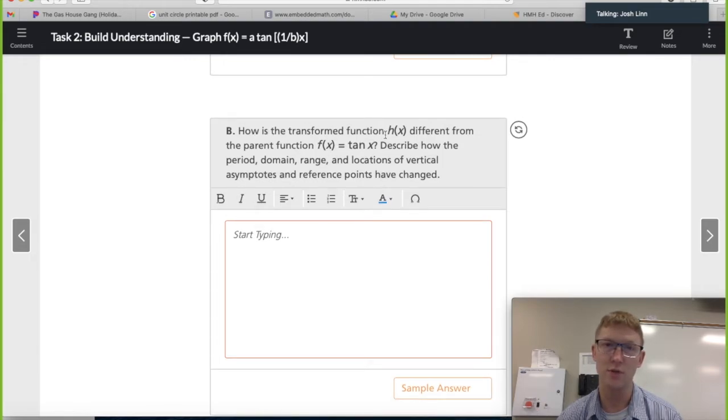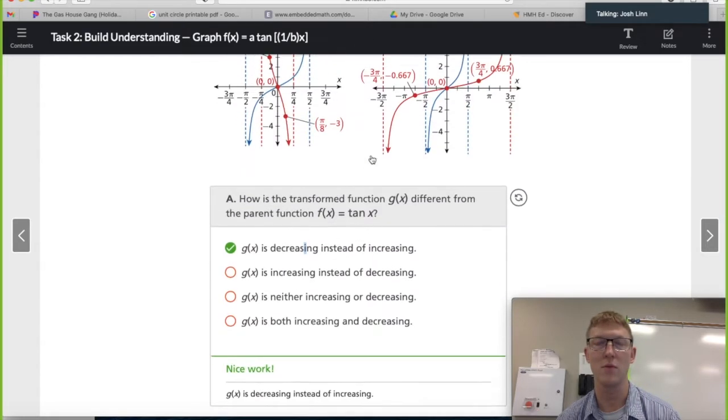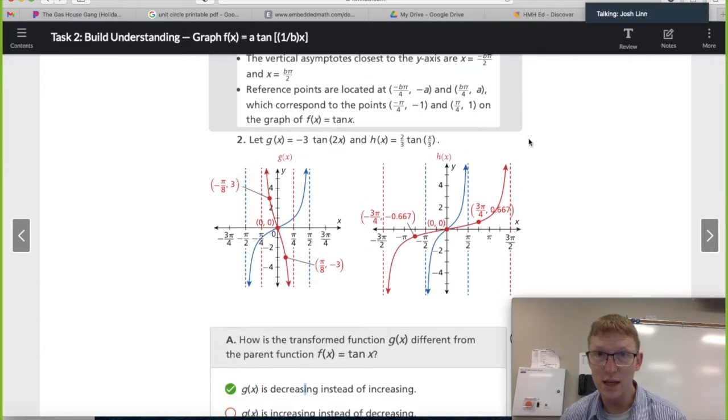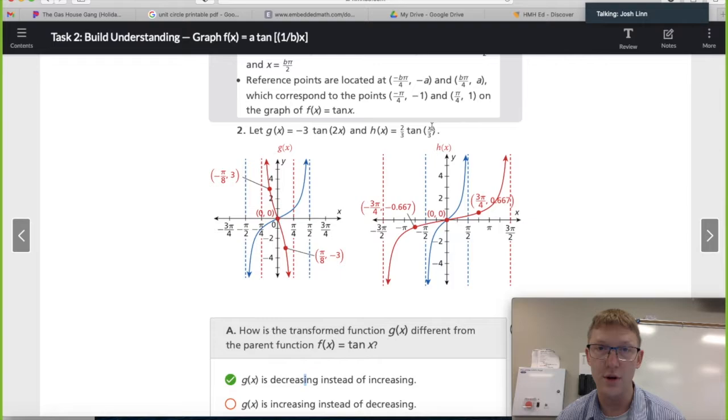How is the transformed function h of x different from the parent function tangent of x? So again, we've kind of talked this one through. Well, no, we did it analytically, but if we were to talk it through, our blue one is our normal parent function. Our red one is a horizontal stretch because of the 1/3 inside of there, because the b is 3.